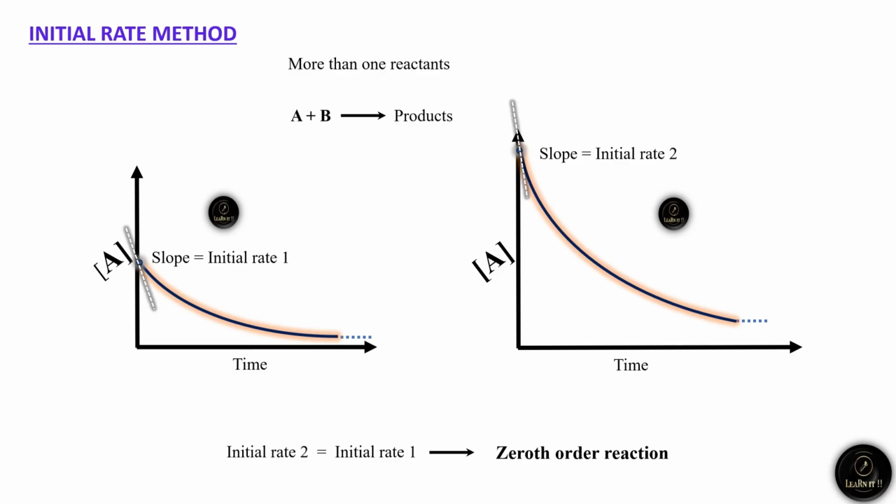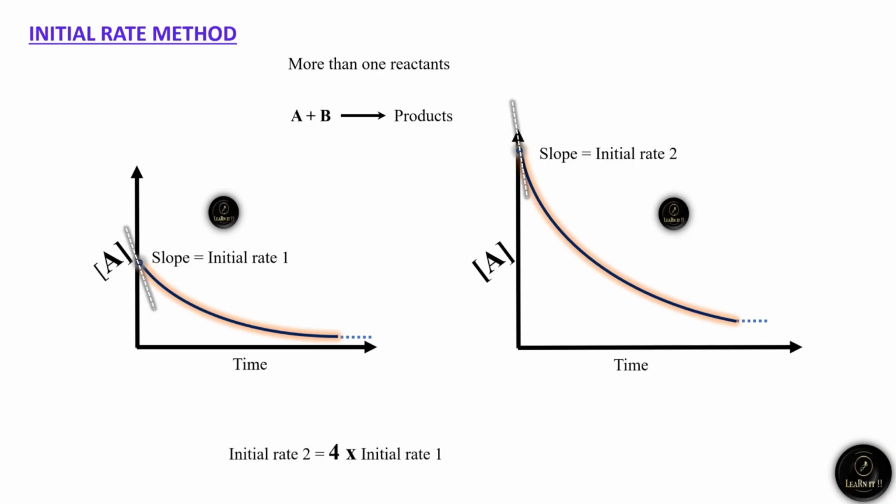If initial rate 2 is equal to 2 times initial rate 1, then after doubling the concentration, the rate also doubled. So it means the order with respect to concentration of A is 1.